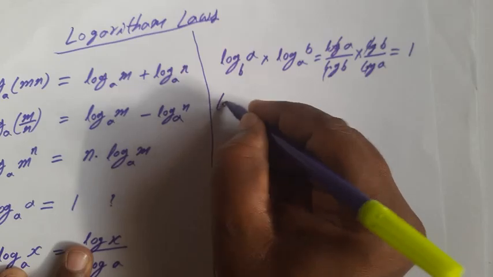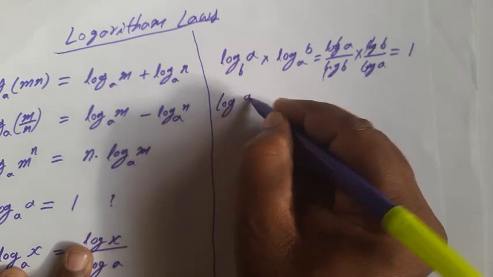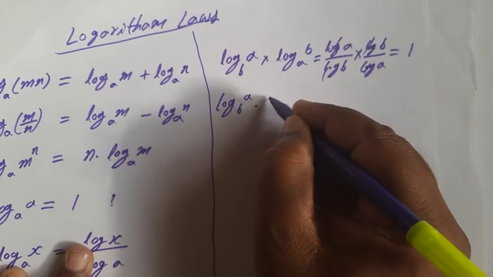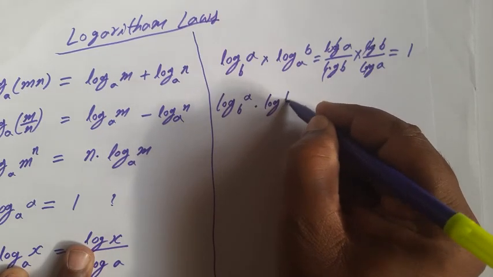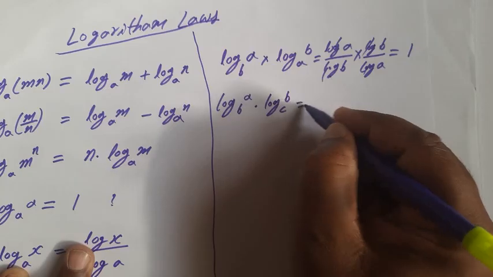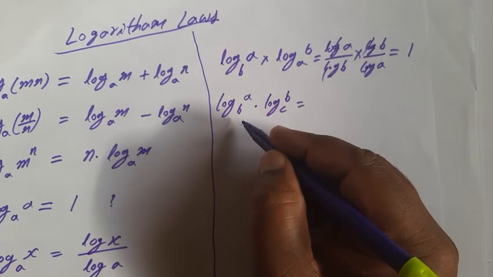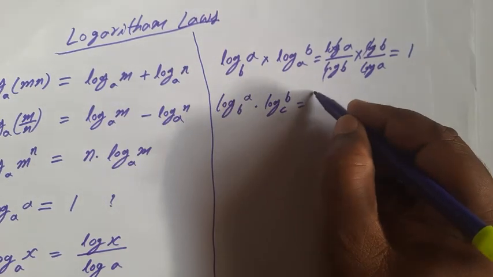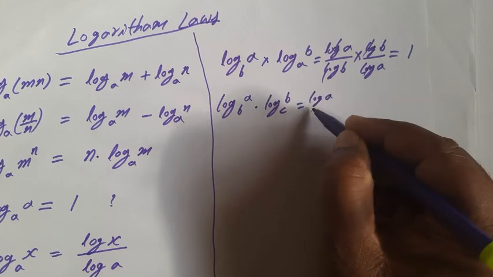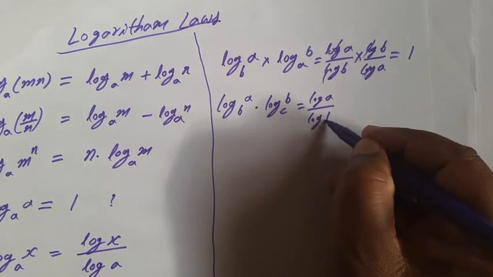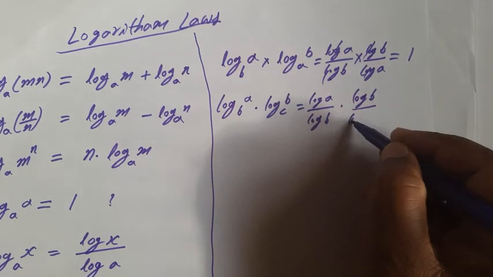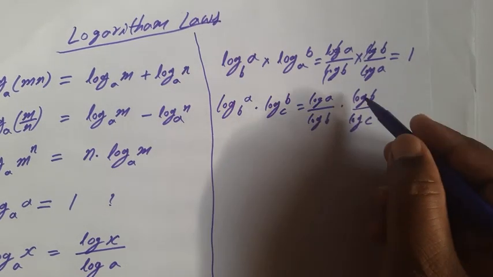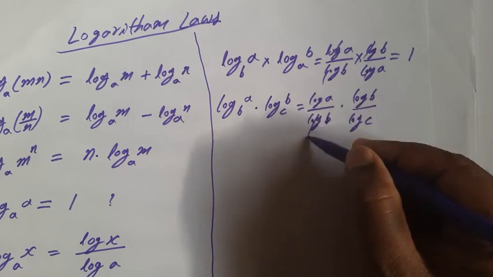Now take a similar one with a simple change: log a base b into log b base c. Now log a by log b into log b by log c. Log b cancels, both are the same.